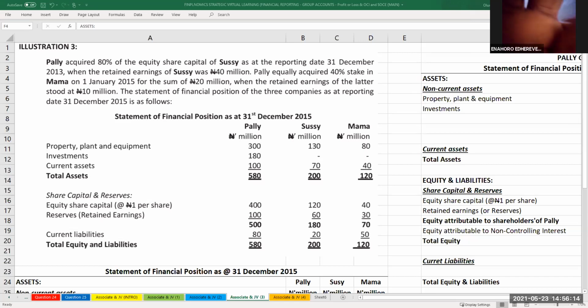Current liabilities: Pali 80, Suzy 120, and Mami 50. Both total assets and total equity and liabilities are 580 for Pali, 200 for Suzy, and 120 for Mami. I think that's all.